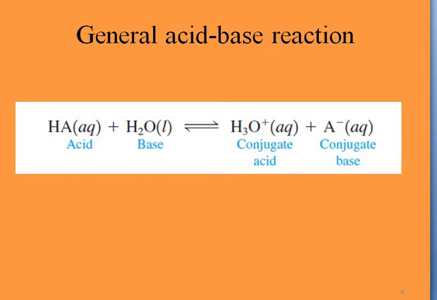The acid becomes A minus because it lost a proton, which we call the conjugate base. Water accepts the proton, so it acts as a base in this case, and it becomes H3O plus, which we call the conjugate acid. So acids and bases after reaction become conjugate bases and conjugate acids. Acid becomes conjugate base, base becomes conjugate acid.